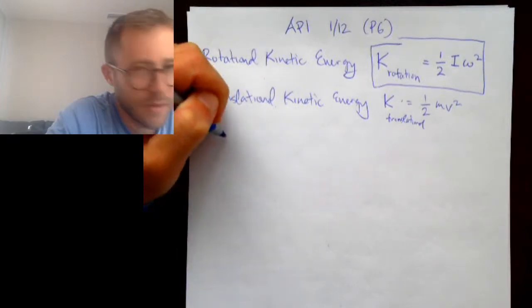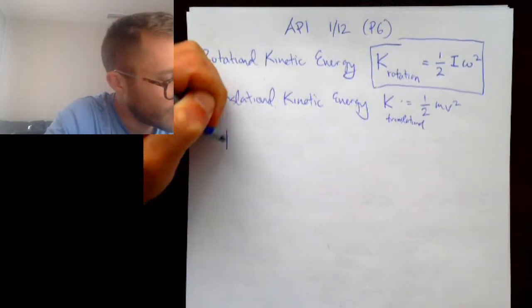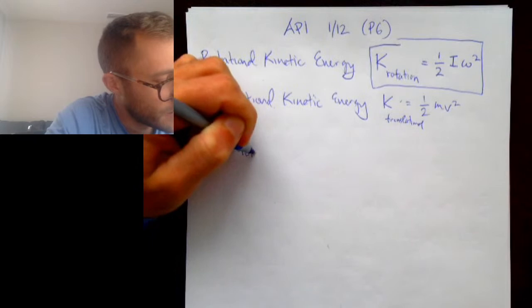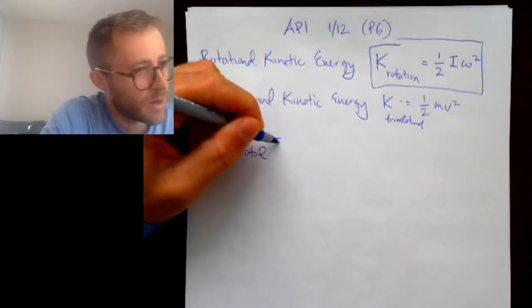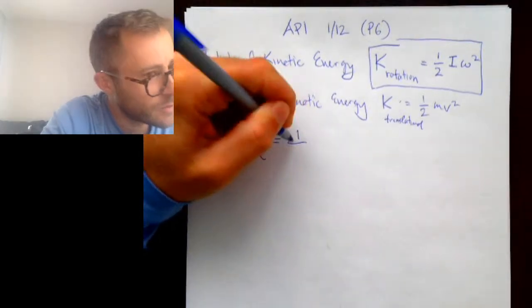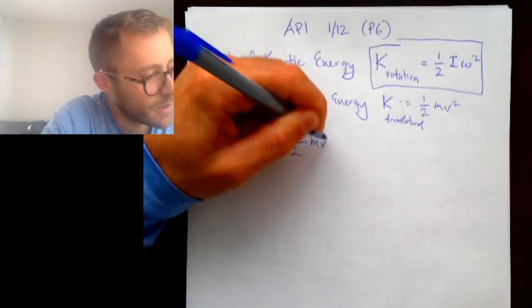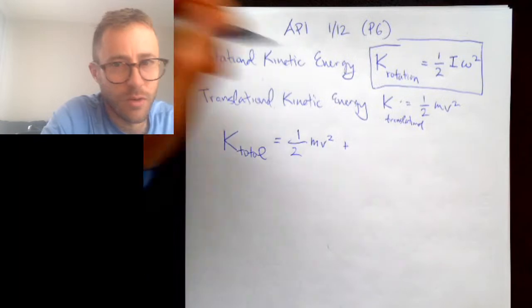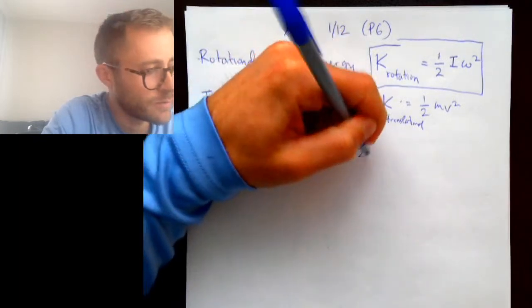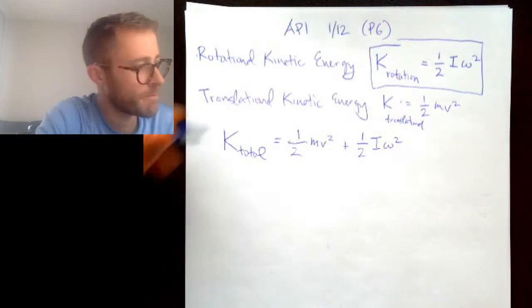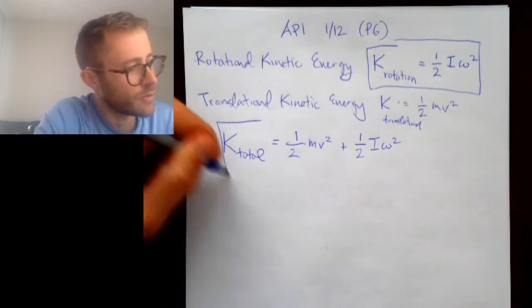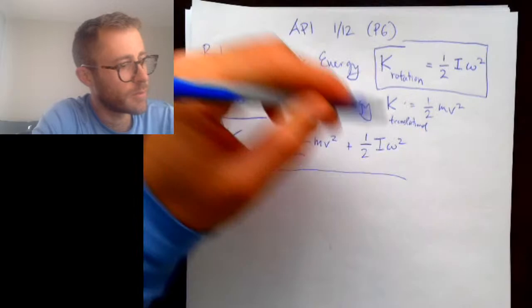And so in that case, your total kinetic energy is going to be the sum of your translational kinetic energy and your rotational kinetic energy. So that is your total kinetic energy.